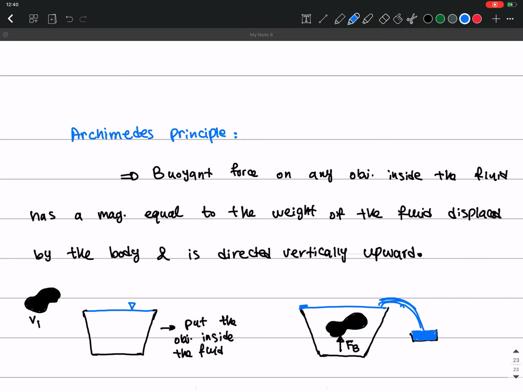You just calculate the weight of that much water that is displaced and getting out, and that would be the amount of the buoyant force. So this is what the Archimedes principle states. F buoyant equals rho g times V1, with rho of water.